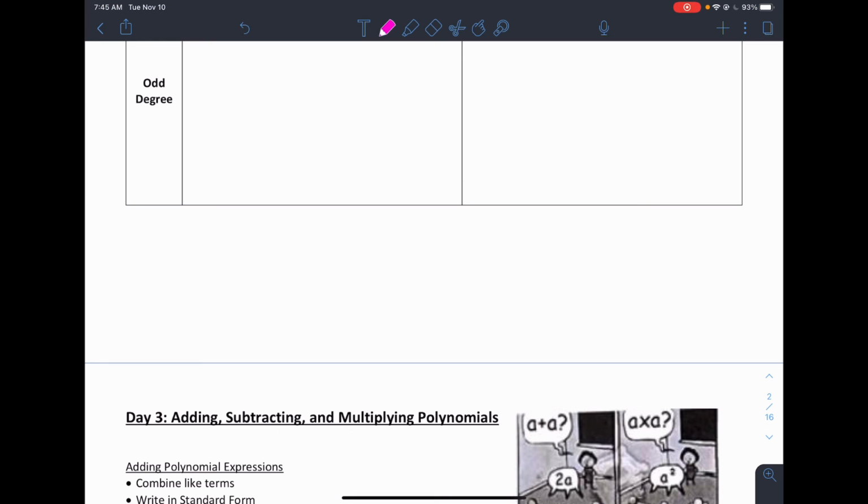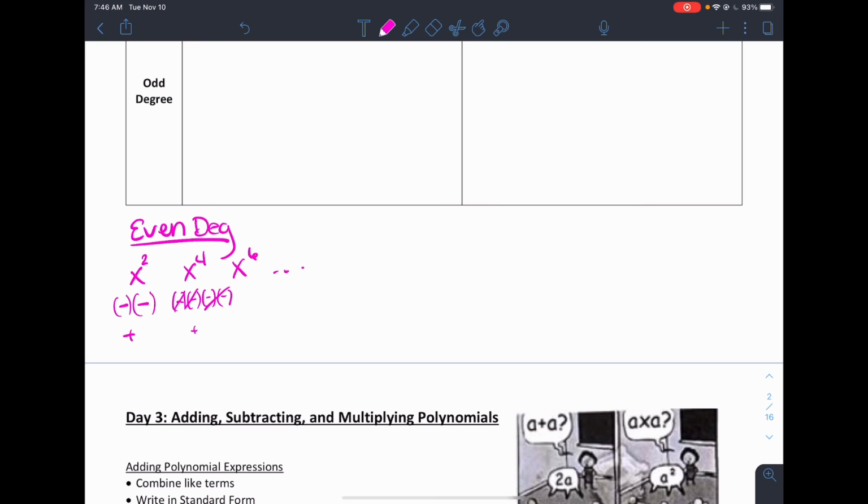If I have an even degree, so x squared, x to the fourth, x to the sixth, etc., then x squared is a negative times a negative, let's say, which ends up positive. X to the fourth is four negatives times each other, and they all cancel out, so that's positive.